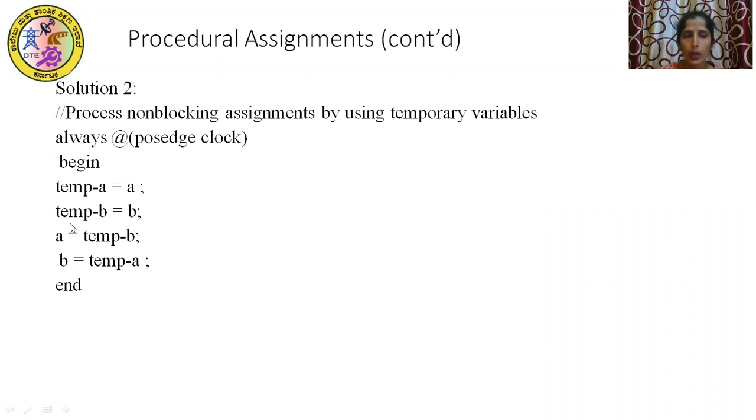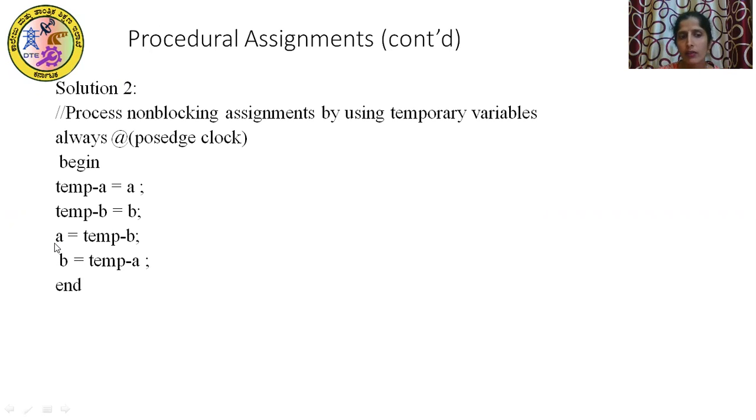The solution 2 is, as I told in the previous example, we can initially copy the values in registers A and B into the temporary variables temp A and temp B. We have explicitly mentioned temporary variable A and temporary variable B to copy the values from variable A and variable B. Later on, we can transfer the contents from the temporary variables onto the variables on the LHS to which we want to assign the data.